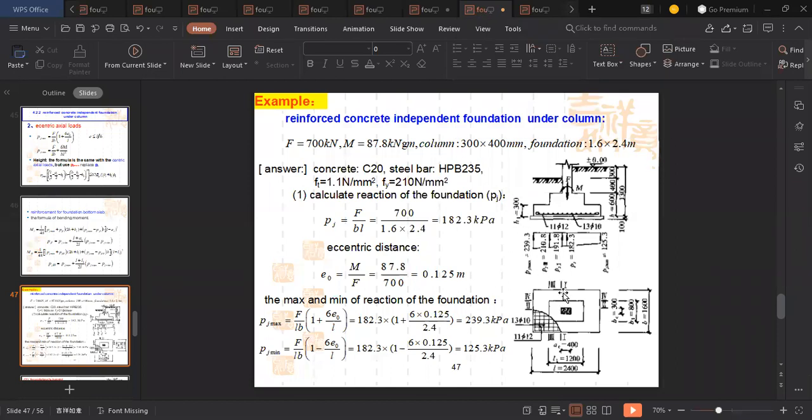So we have section 1.1, which is cutting through there. So in section 1.1, this is the foundation, then this is the first step, and then this is the column. So now we have section 1.1 and section 3.3 in this kind of direction.